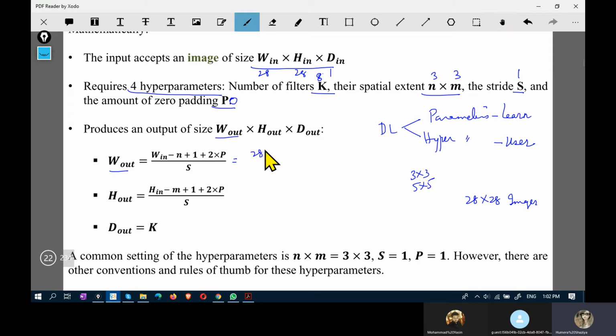W in is 28, minus n, n is 3, plus 2 into P, P is 0. So this will be 28 minus 3, that is 25, plus 1, which is 26. Sorry, not 24.